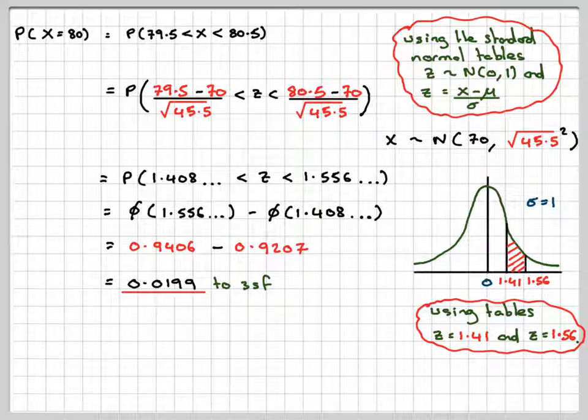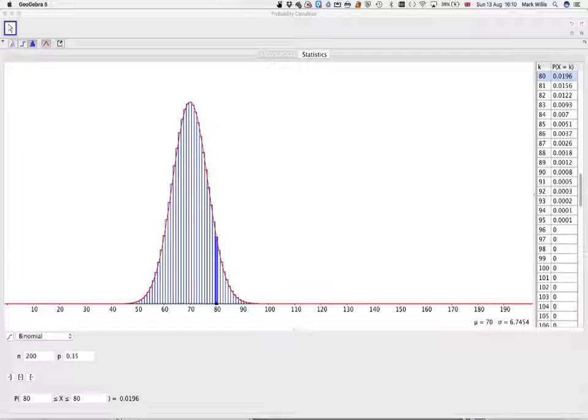However, you can use GeoGebra or some other calculator to get the probability. You open up a GeoGebra page and go to View and select the probability calculator, and then select the correct distribution, binomial. And because we want exactly 80, we'd put 80 and 80 in here, so that's what we're trying to find.